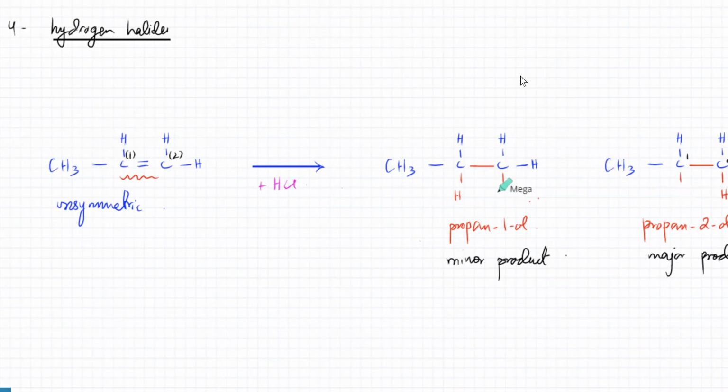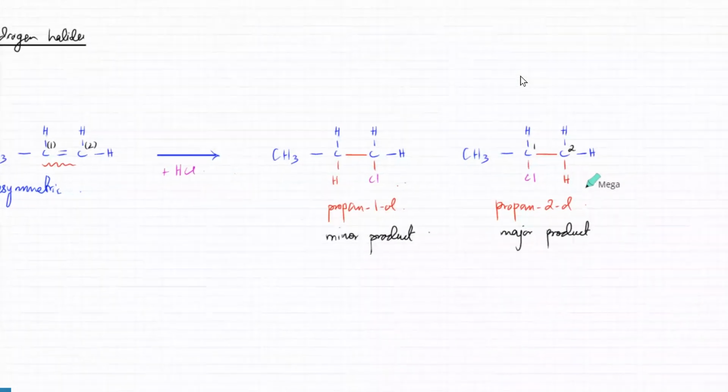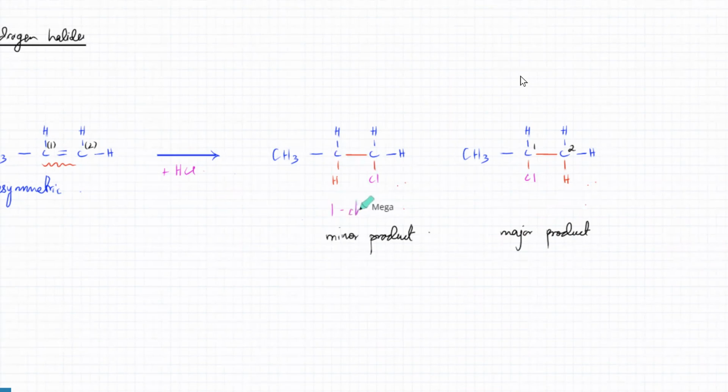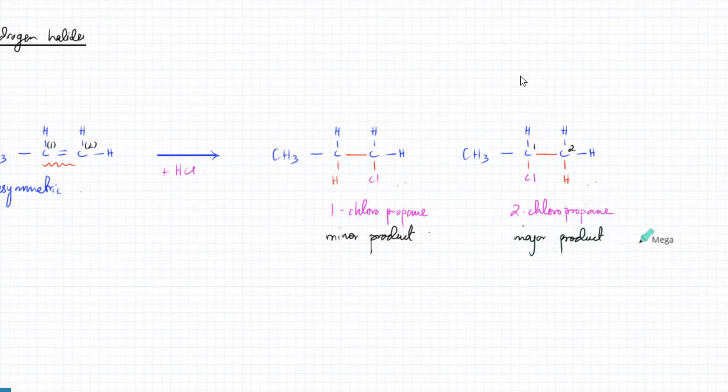So this is 1-chloropropane and the other one is 2-chloropropane. So you have a major product and a minor product in the same way.